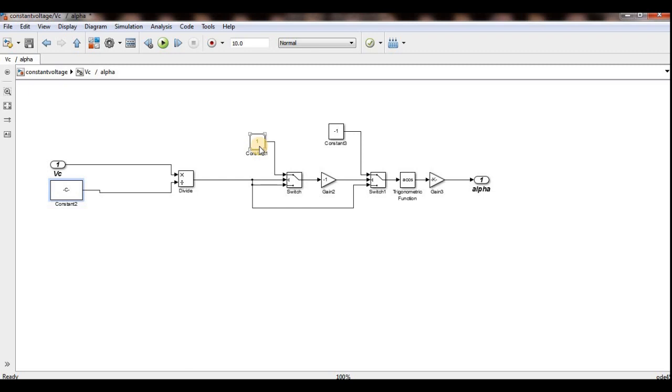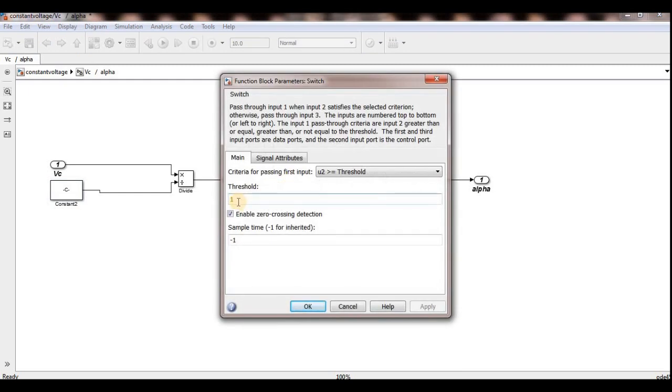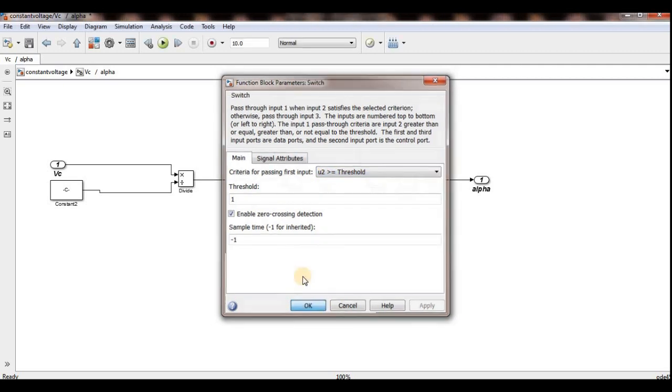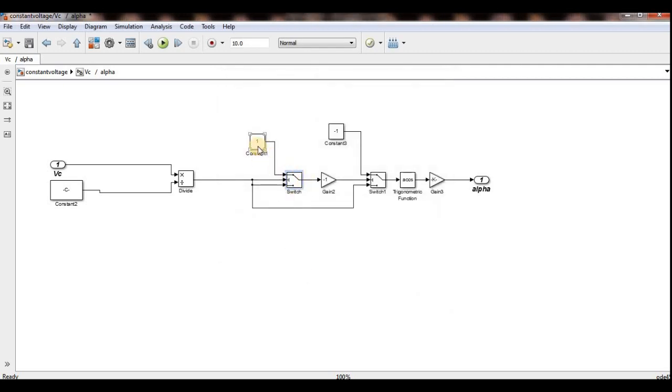So this output I am comparing with my threshold value of 1. If it is greater than 1, maybe 1.2 or 1.4 or 1.5, I have to take the output as 1.